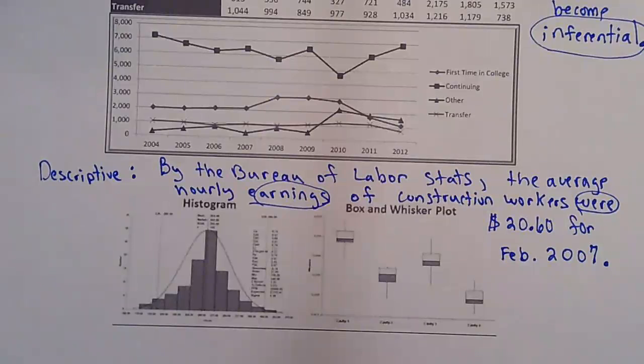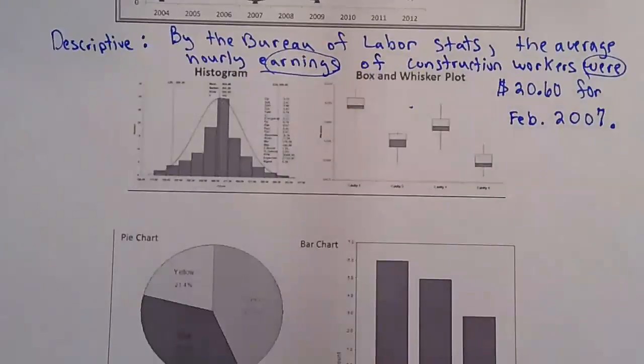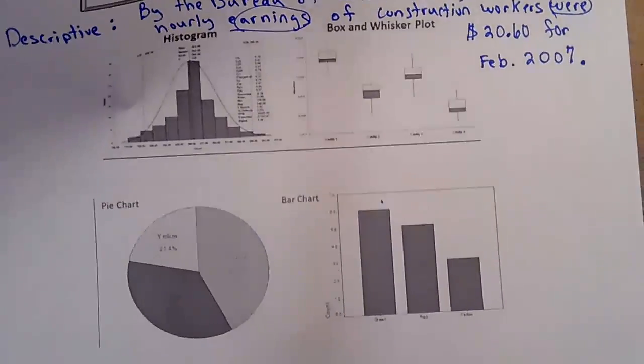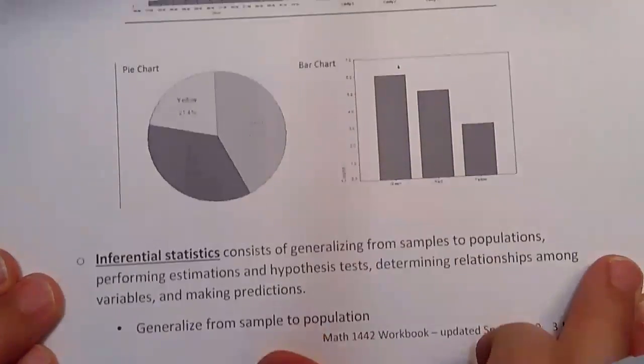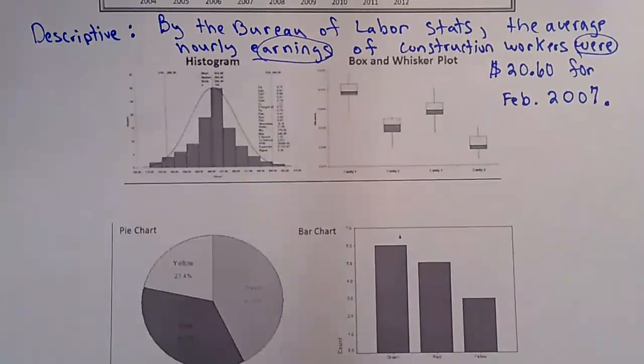Okay, and then at the bottom of the workbook, it has some information about inferential. I'm going to read that, but some of you might still be writing, so I'll leave it like this. Inferential statistics consists of generalizing from samples to populations.